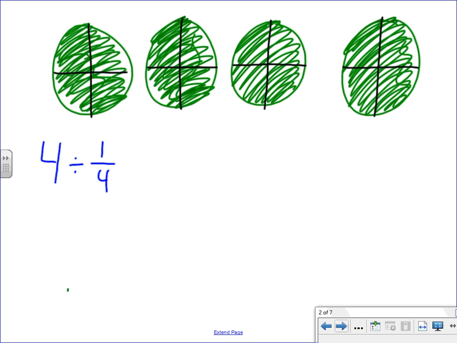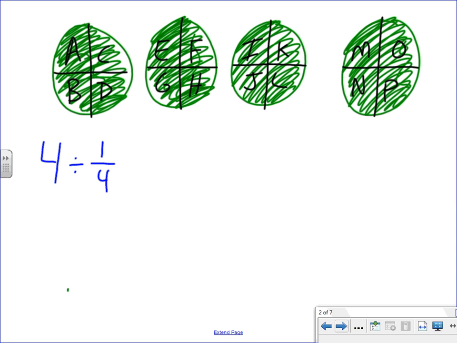Okay. So what I'm going to do is go ahead and give 1/4 of a pizza to all the students that are in my room. We're going to figure out how many students I could feed with 1/4 of a pizza. All right, so this goes to student A, this one to B, C, D, this student E, F, G, H, I, J, K, L, M, N, O, P. All right, so we'll just pretend that that's the first name of each student.